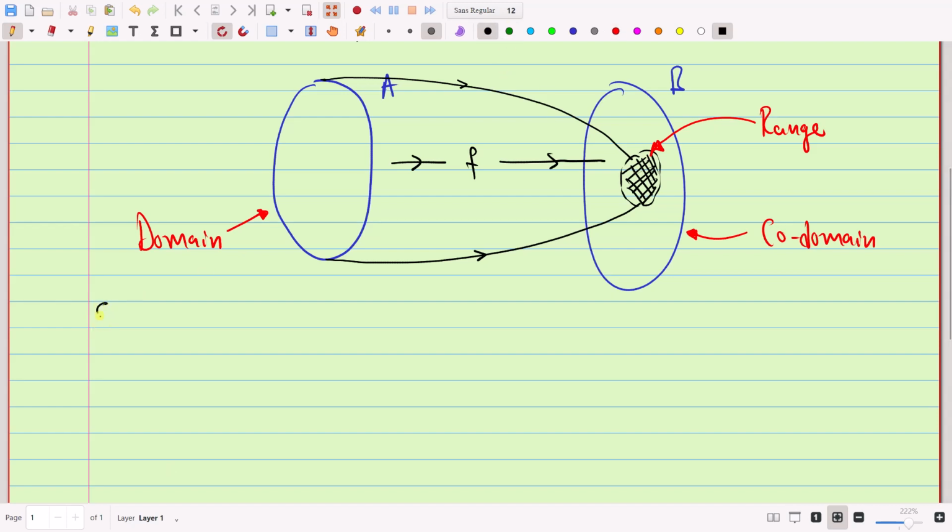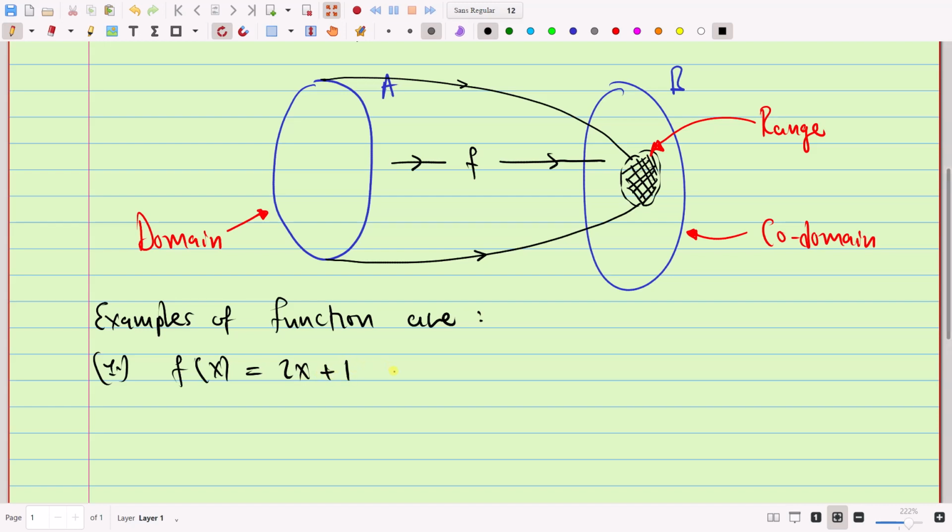Examples of functions include: 1, f of x equals 2x plus 1, which maps the real numbers into the real numbers.